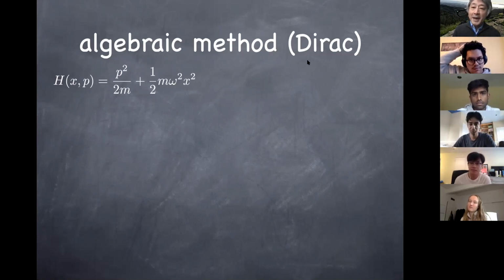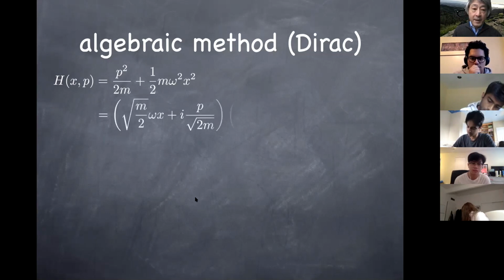Anyway, thanks to Dirac, we have this alternative way of solving the problem of the harmonic oscillator. We have derived this harmonic oscillator Hamiltonian as a function of P and X operators.